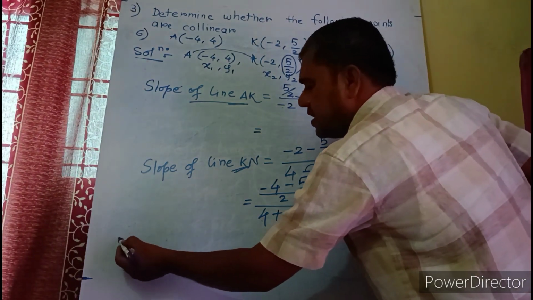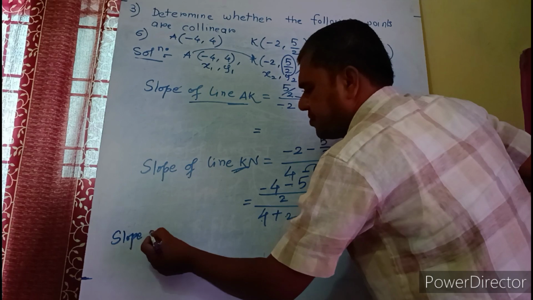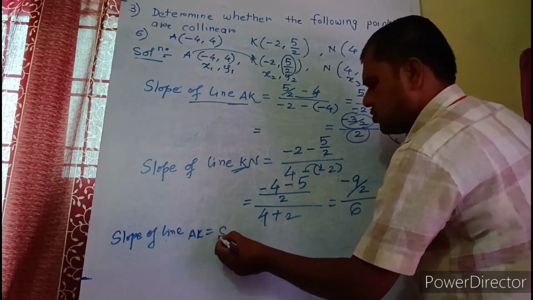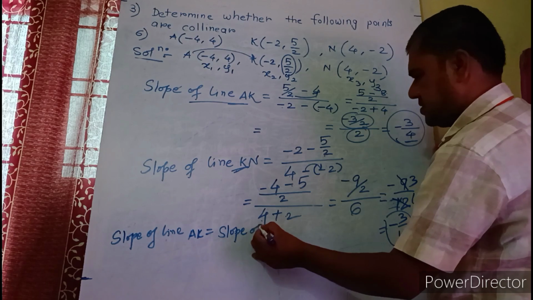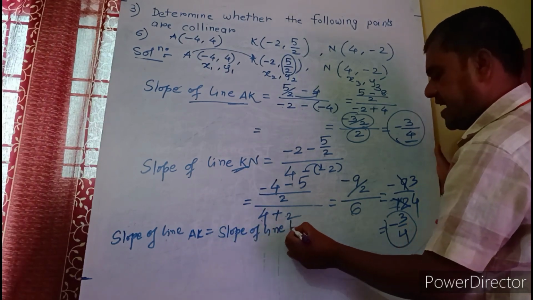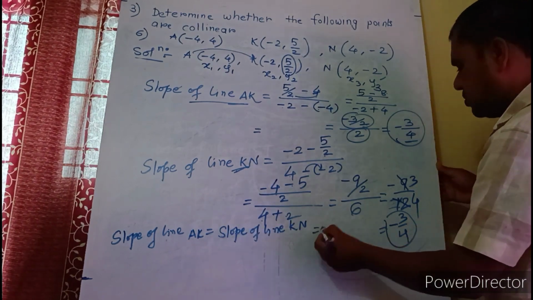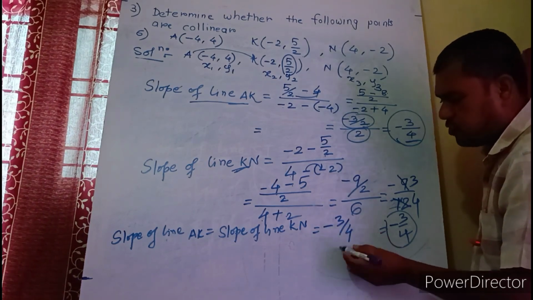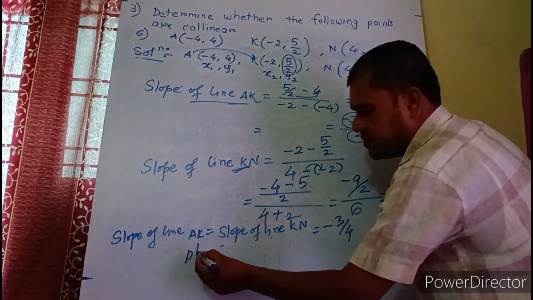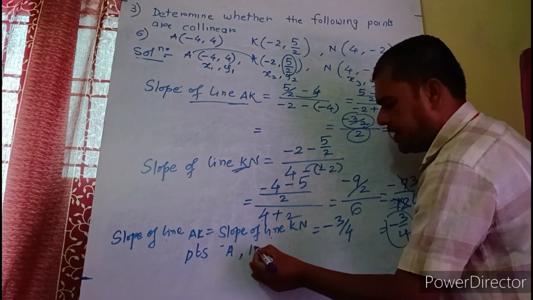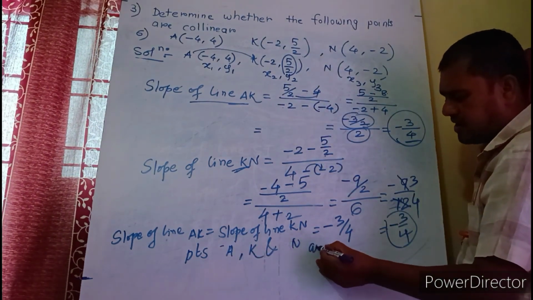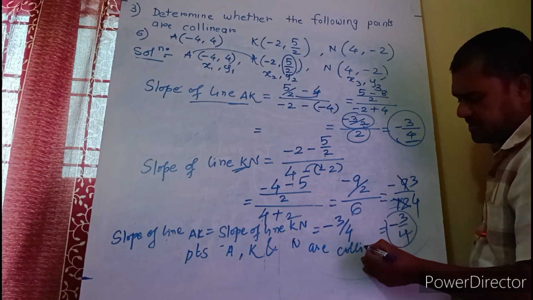Therefore, you can write down here: slope of line AK is equal to slope of line KN, and both are equal to minus 3 by 4. Therefore, points A, K and N are collinear.